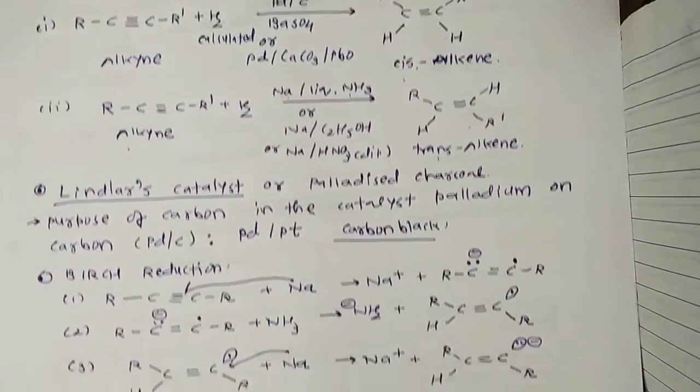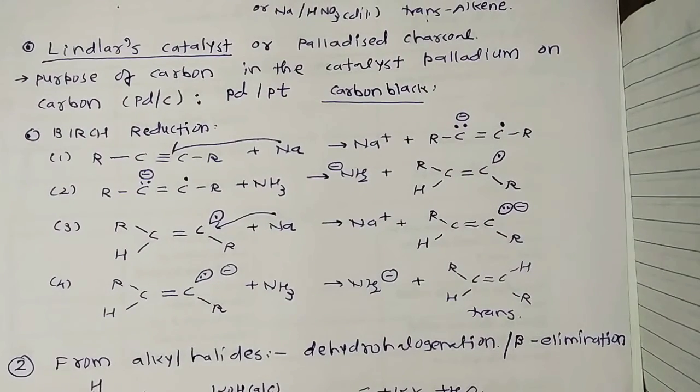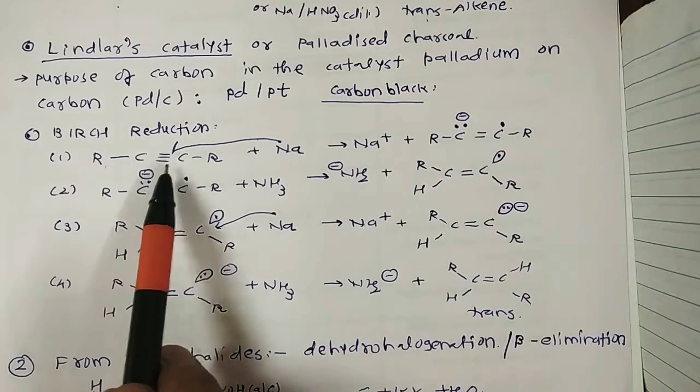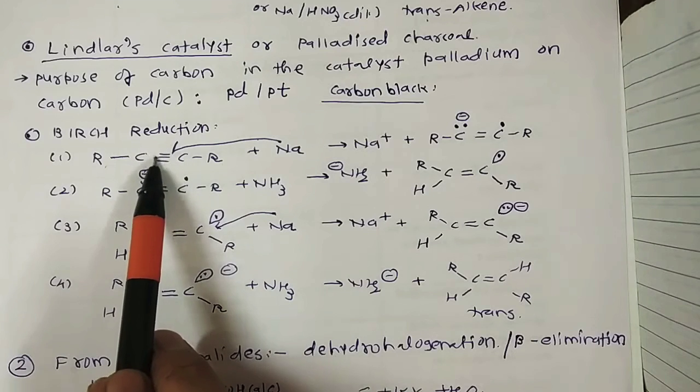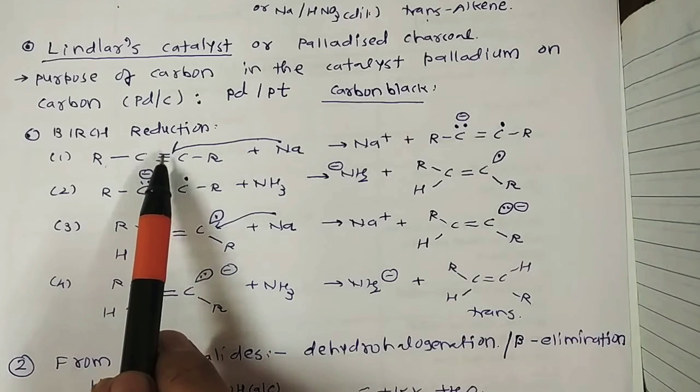What is the basic mechanism that we have to see in the case of Birch reduction? If we have an alkyne, these pi electrons are very rich electrons because they supply electrons.